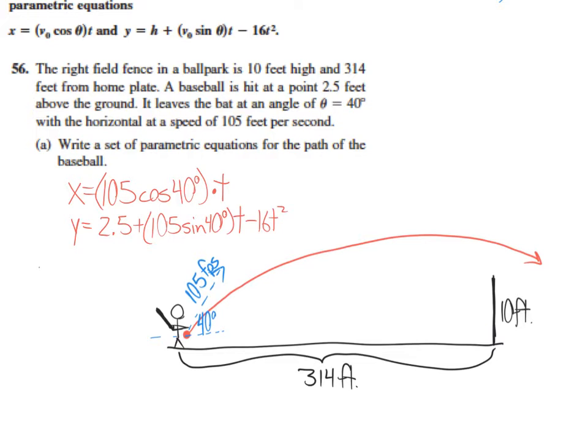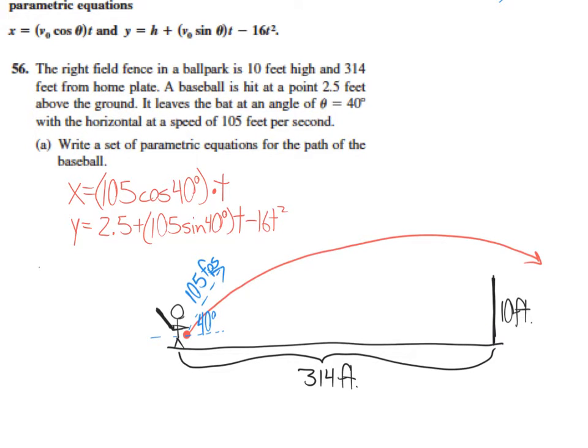Now, the cool thing about this is partly why we do this. We can now tell whether or not he hit a home run. To hit a home run, it has to go 314 feet horizontally. So check out what we can do.